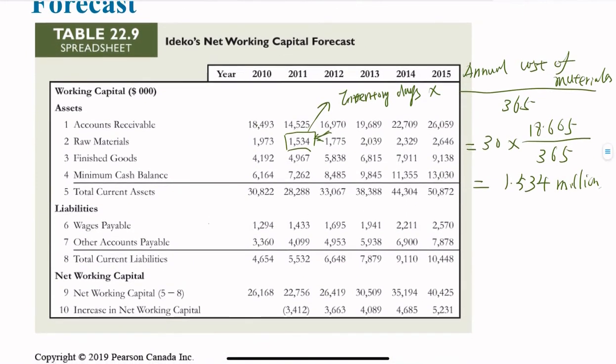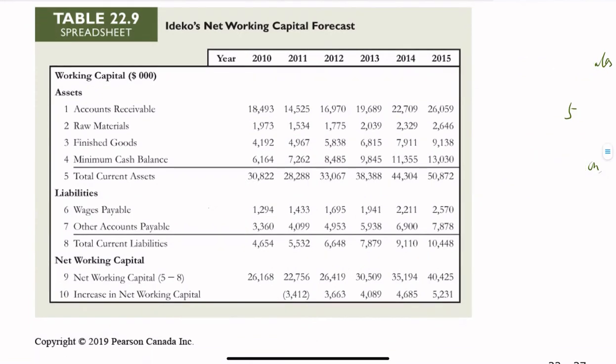Okay, so basically you can see that we can forecast all the numbers for the current assets and all the numbers for the current liabilities. And then we can calculate the firm's net working capital, which is calculated as the difference between the current assets and the firm's current liabilities. So this row gives us net working capital.